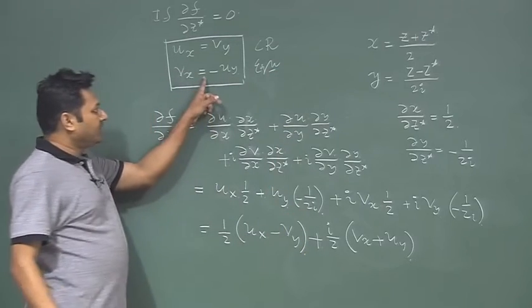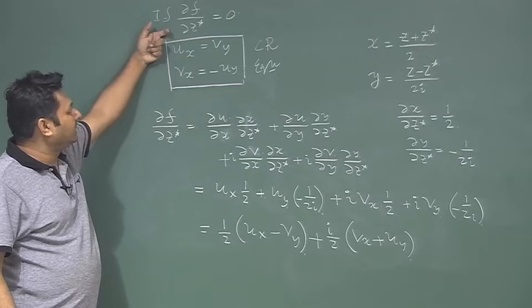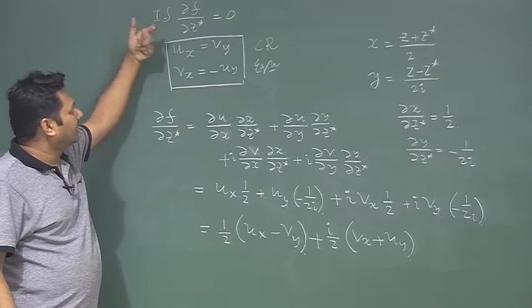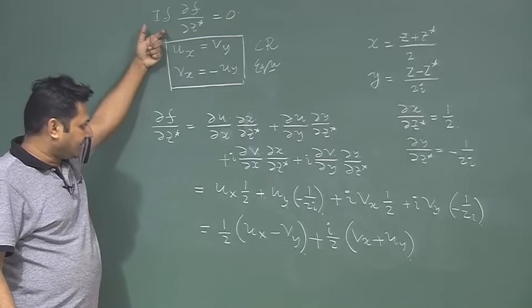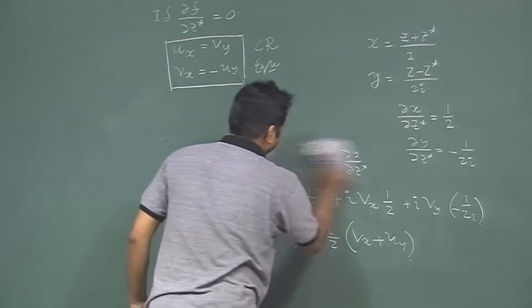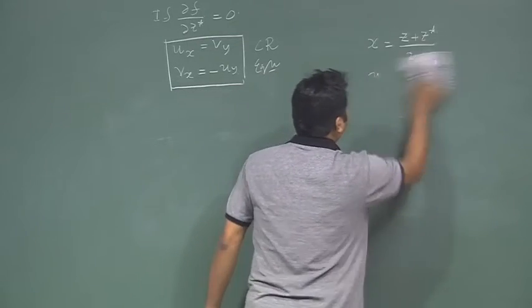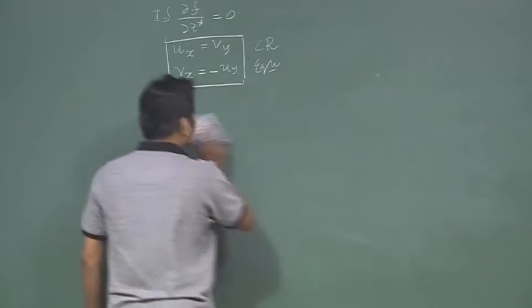So, the Cauchy-Riemann equation, whatever I am saying, is nothing but a mathematical argument over the analytic function, and it suggests that the analytic function should not have an explicit dependence of z star.